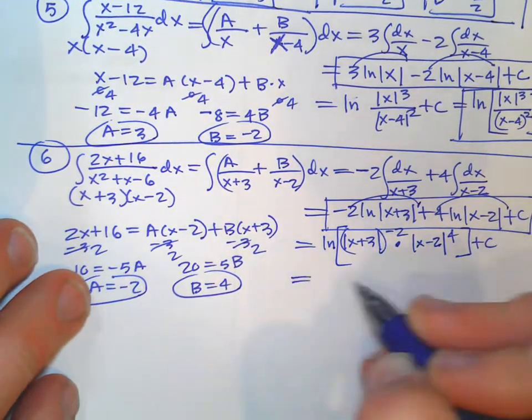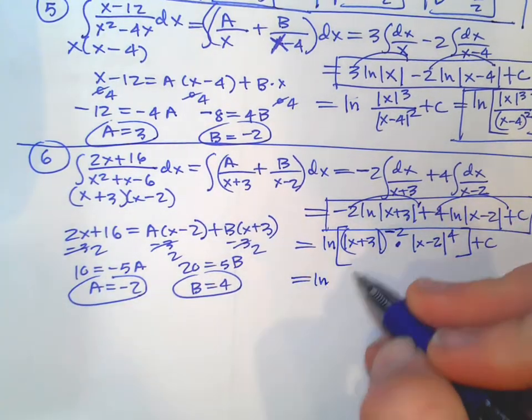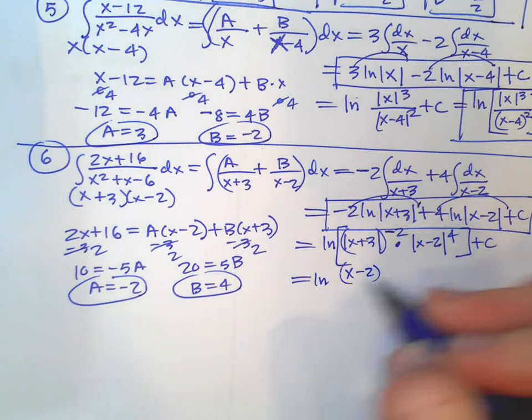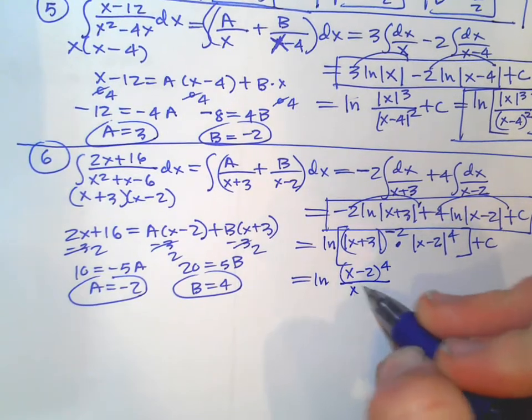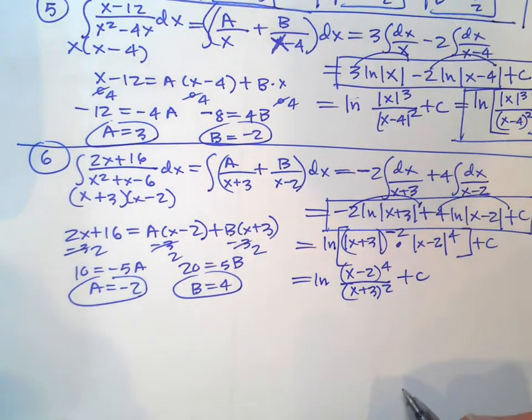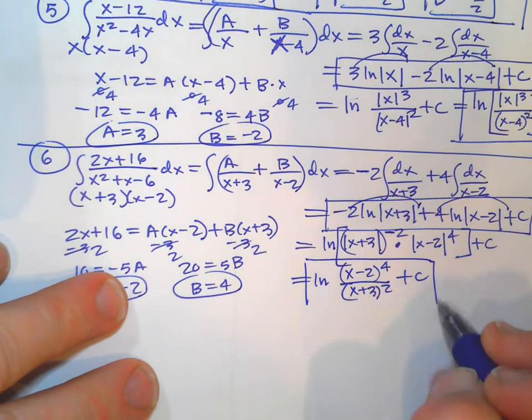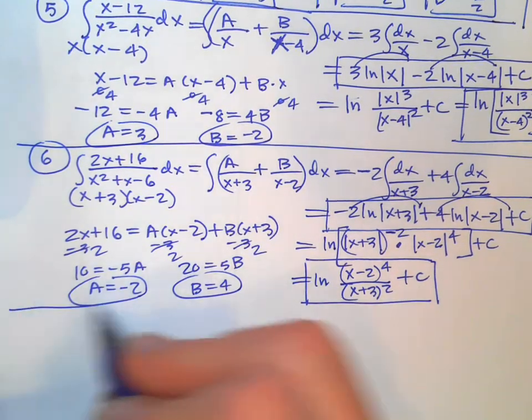I don't really want negative exponents, so it's going to be natural log of (x minus 2) to the 4th over (x plus 3) squared, plus C. We could drop the absolute value since they're being raised to an even power, so that's going to ensure they come out positive no matter what.